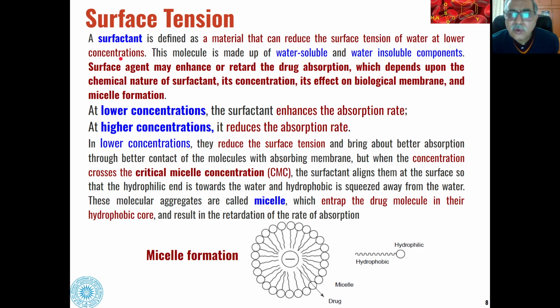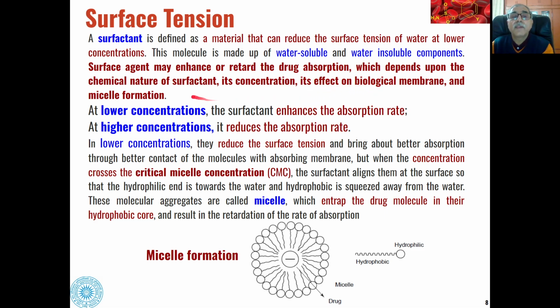So we all know about surfactants and surface tension as a phenomenon, but the application of surface tension in medicinal chemistry is very important, because surface agents can either increase or decrease the drug absorption, and we know that drug absorption is very important for a disease to be cured.